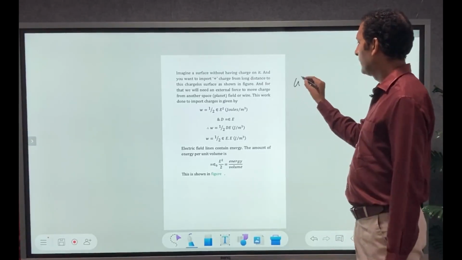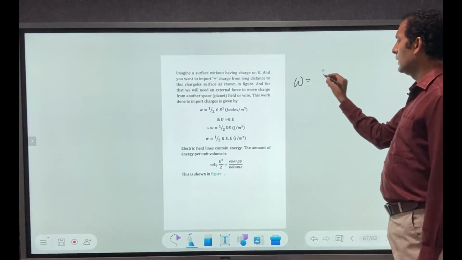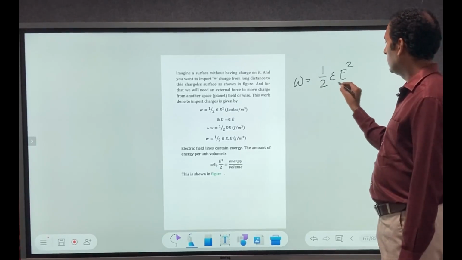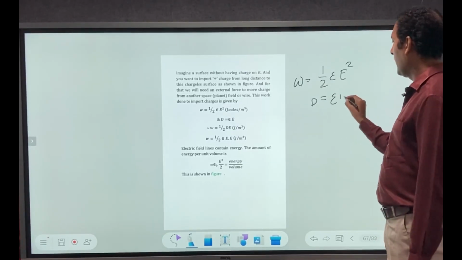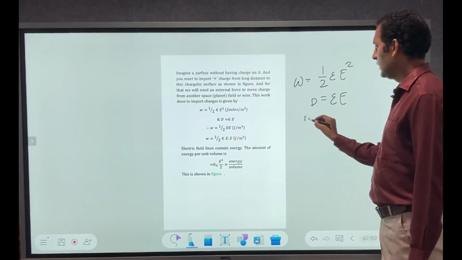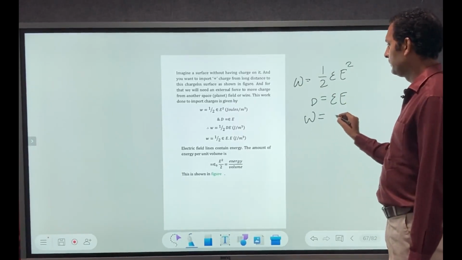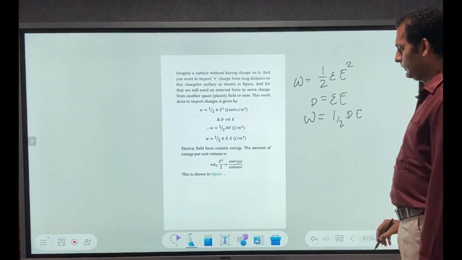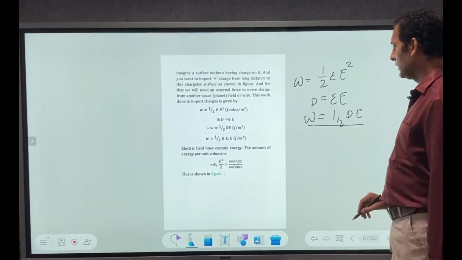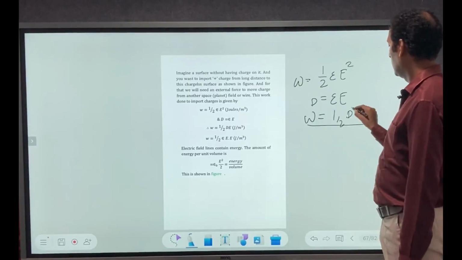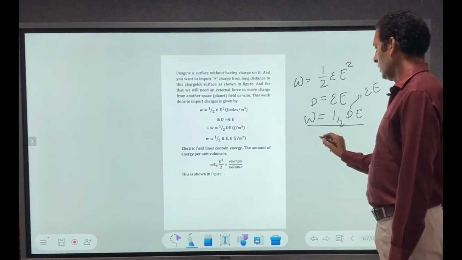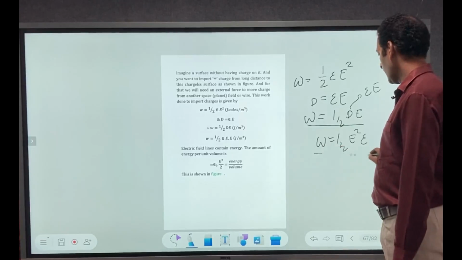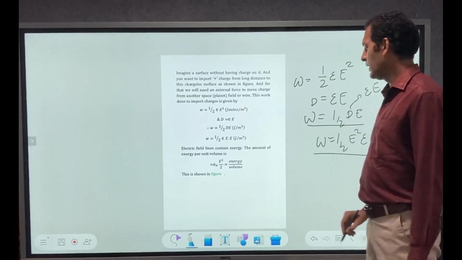It is given by the work done, 1 upon 2 epsilon E square, and we also know that D is nothing but epsilon E. So here we can keep the D, so we will get omega, the work done, equal to 1 upon 2 D E. This is the relation between work done, D and E. Again, if we keep D equal to epsilon E, the work done is 1 upon 2 epsilon E square. This is energy density.